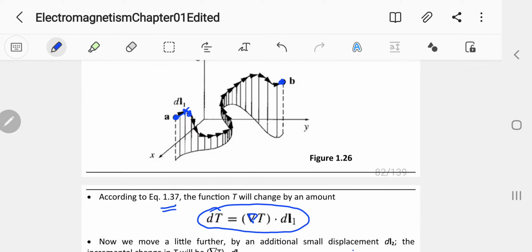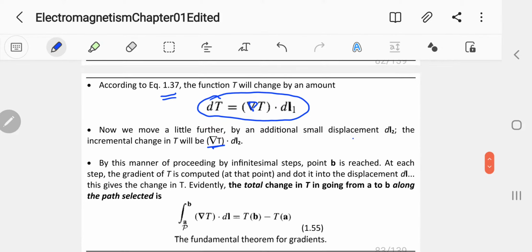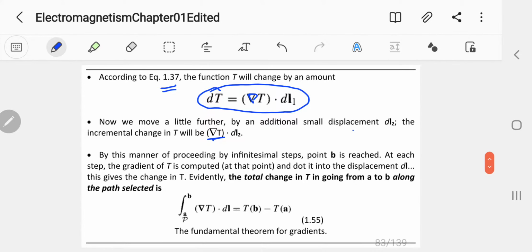At each step, the gradient of T is computed at that point and dotted with the displacement dl. This gives the change in T, and evidently the total change in T in going from A to B along the path is this one here.